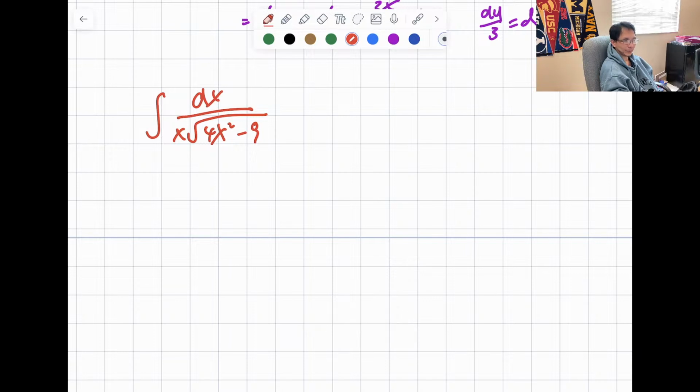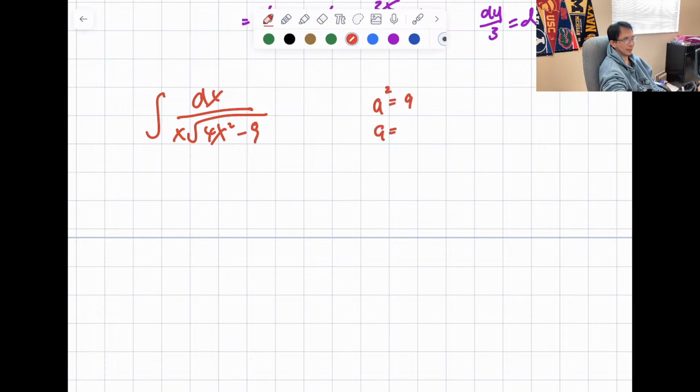du equals 2 dx, so dx equals 1/2 du. Oh, I see. What is a squared? 9.